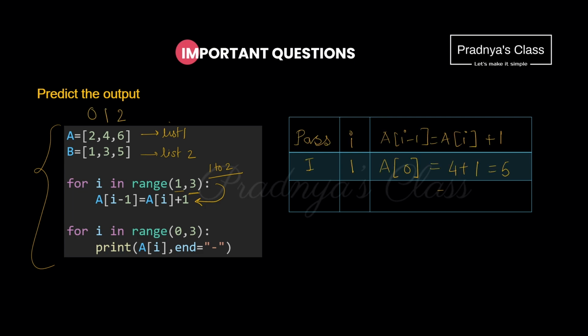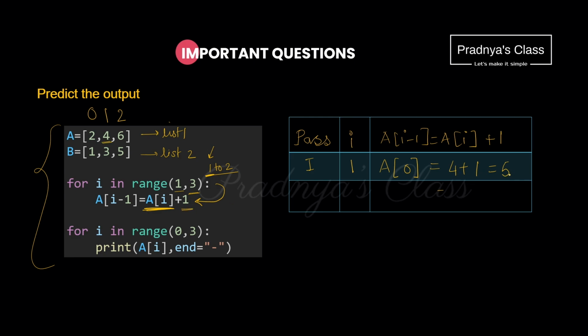In pass 1, the value of I will be 1 because it will start with 1. What exactly are we doing here? We are accessing the element of the list A which is at the index I. The value of I is 1, so A of 1 is nothing but 4. We are adding 1 to 4.